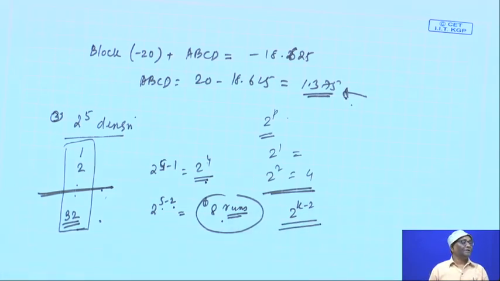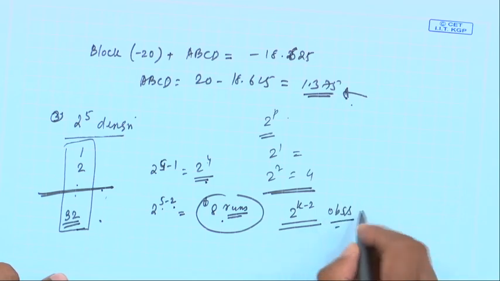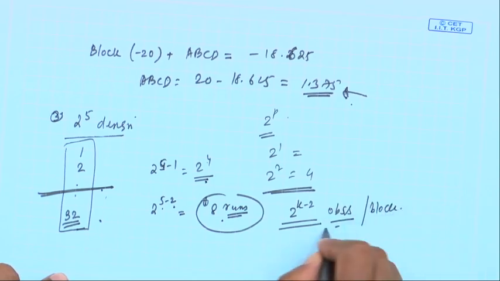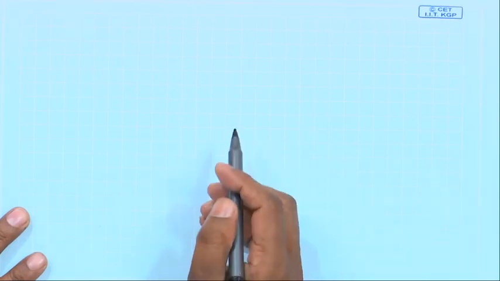This is the number of observations per block. When there are k factors and you want to use 4 blocks, because your situation is such that at least 4 blocks are needed, each block will contain 2 to the power k minus 2 observations.